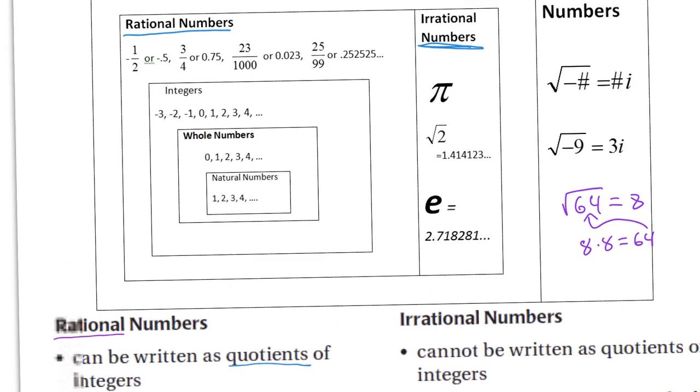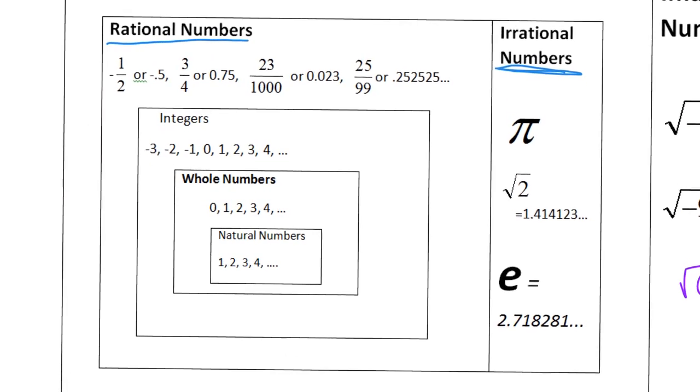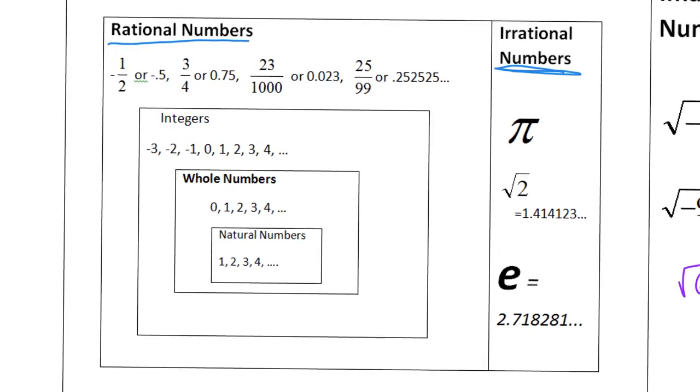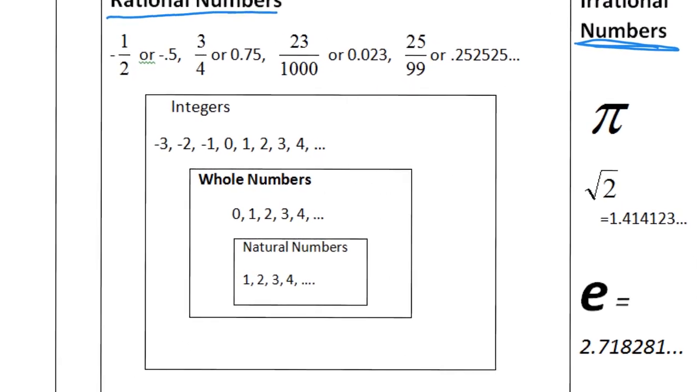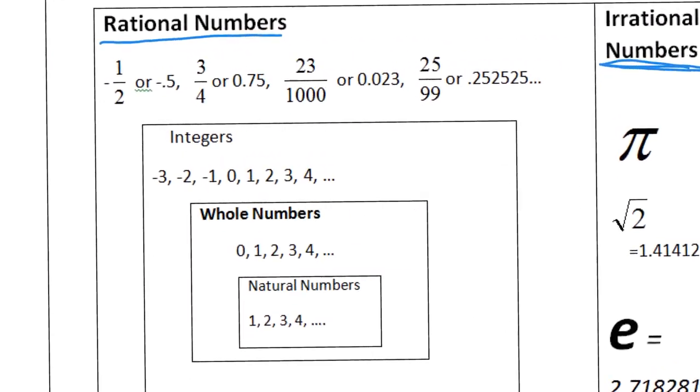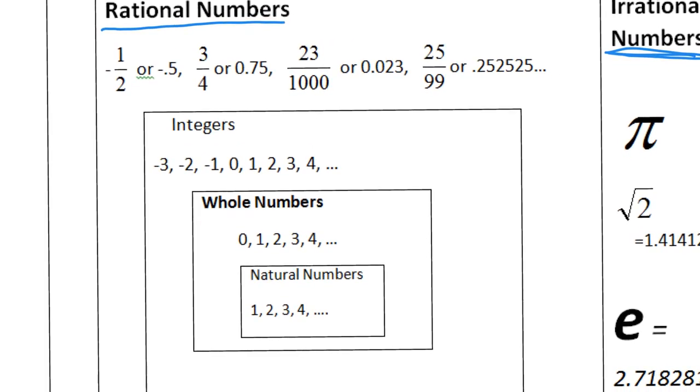Now, let me show you some examples for rational and irrational numbers. Let's look at the rational numbers first. You see some rectangles right here. Let me zoom in a little bit more and go all the way to the center. Let's start with these numbers here. You see the numbers 1, 2, 3, 4, and it has a dot, dot, dot. That means the numbers just keep going. After the 4, you have a 5, and then a 6, 7, 8, 9, 10, 11, 12, and it keeps going to infinity.